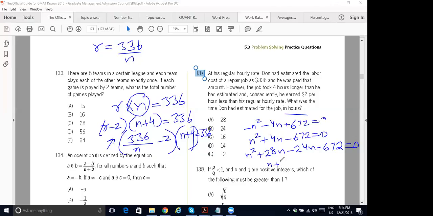So we will get N plus 28 times N minus 24. We have to figure out the positive one. Yeah, 24 and negative 28. Minus 28 and positive 24. Correct. Yeah, 28 minus 4.